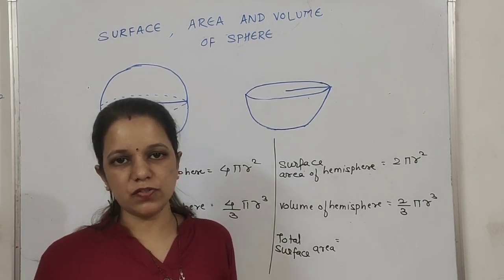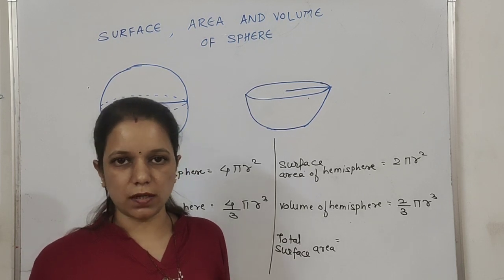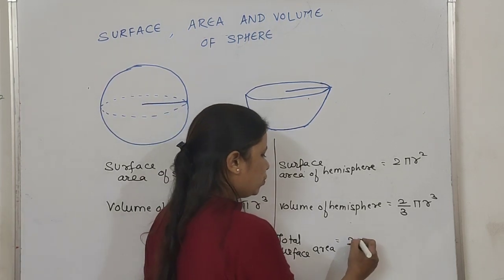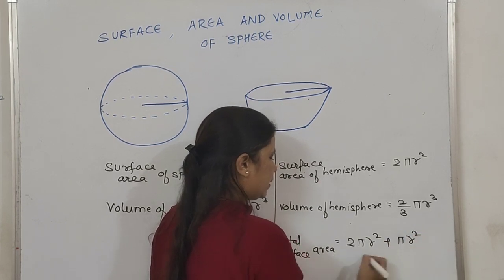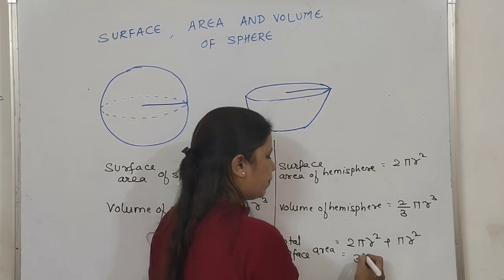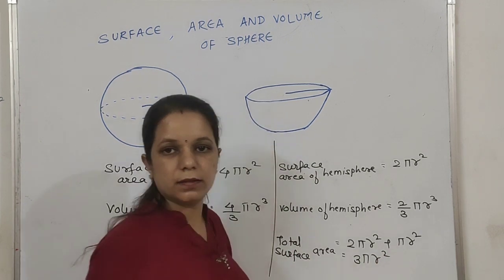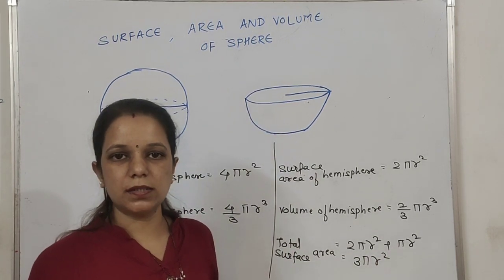Surface area of hemisphere plus area of circle. So that will be 2 pi r square plus pi r square, and that is 3 pi r square. Please note the formulas.